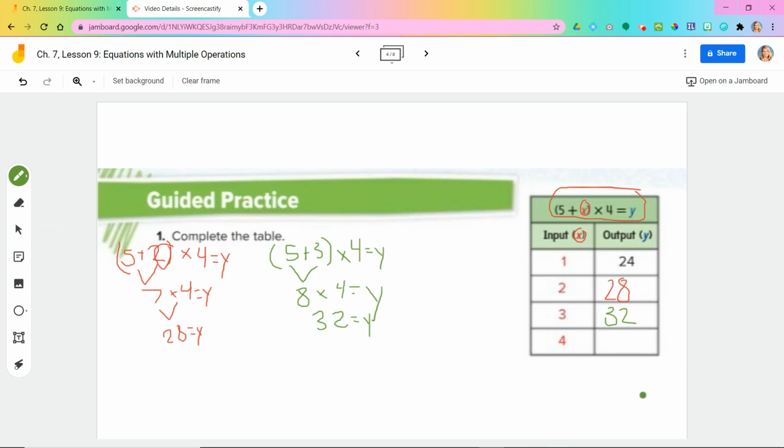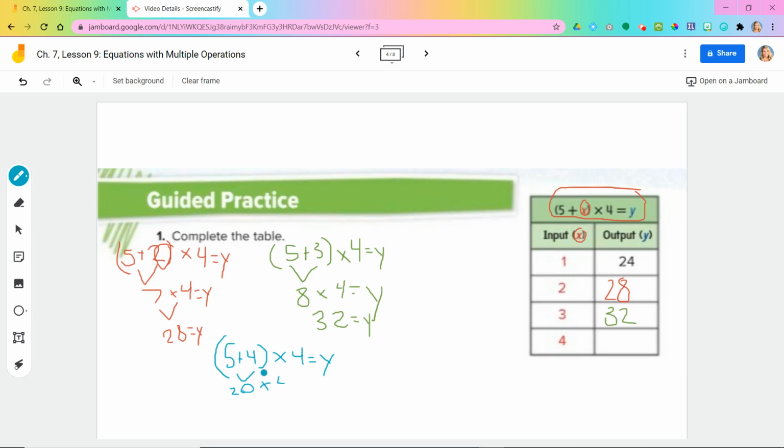Now, let's take a look at the input of 4. When my input is 4, I have to do what's in parentheses first.